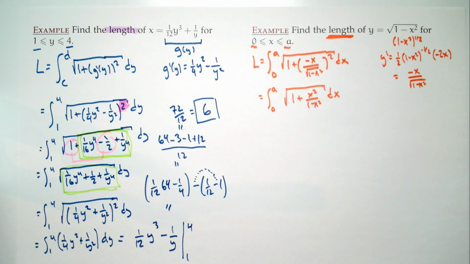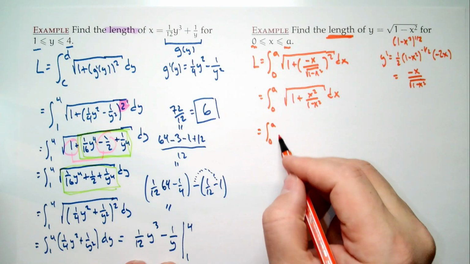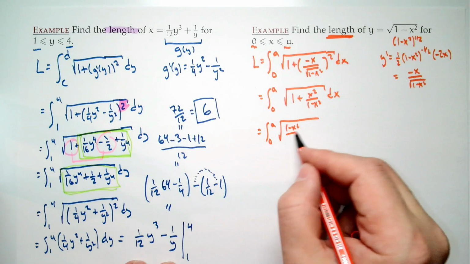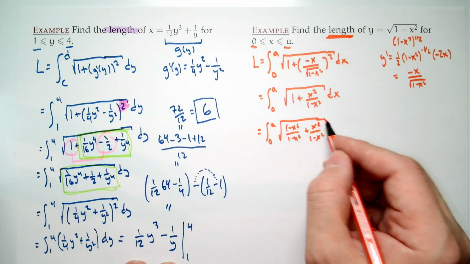Well, put on your algebra hats. If you saw 1 plus x squared over 1 minus x squared, what would you want it to do? Common denominator, put them together. What's another way to think of 1 in terms of 1 minus x squared? It's 1 minus x squared over 1 minus x squared plus x squared over 1 minus x squared.